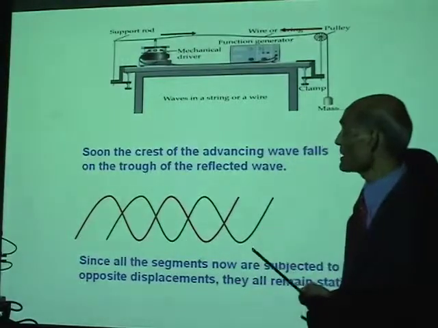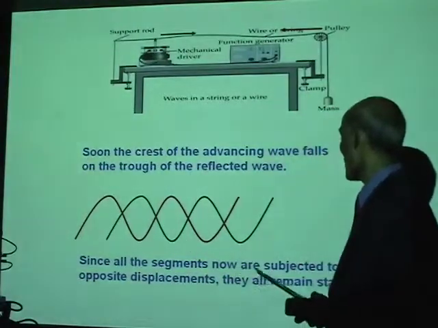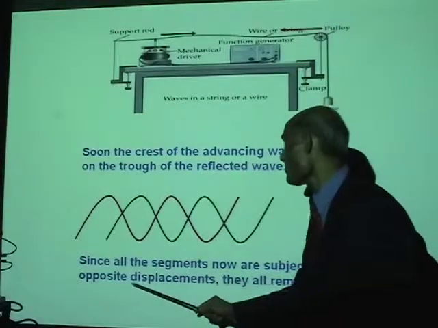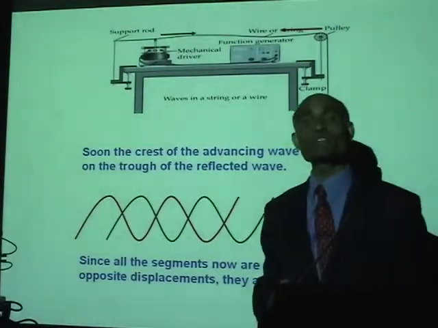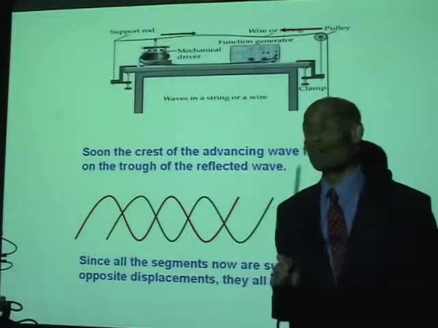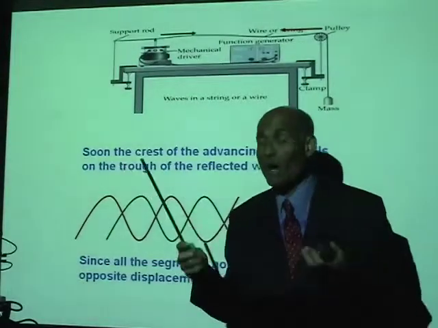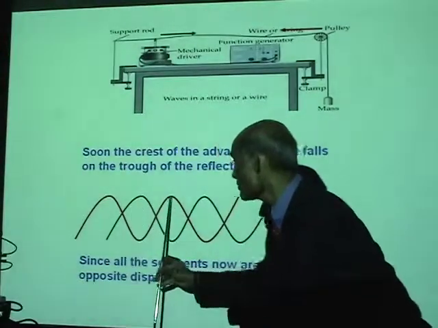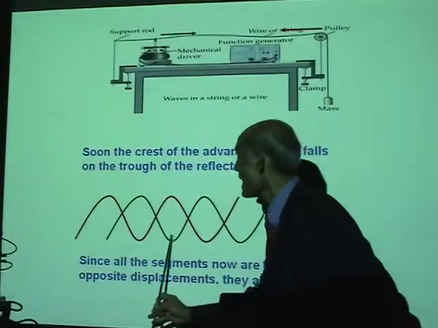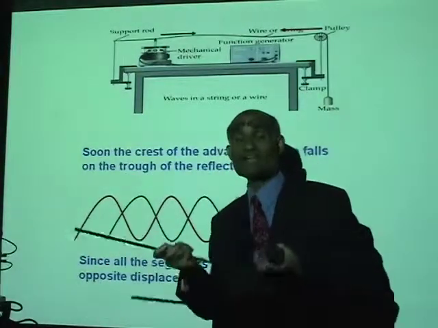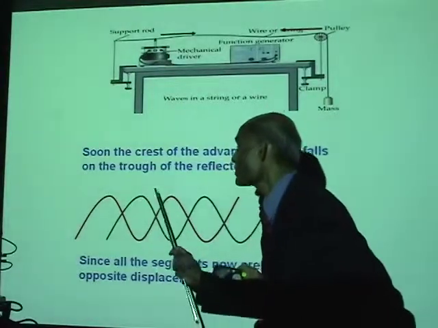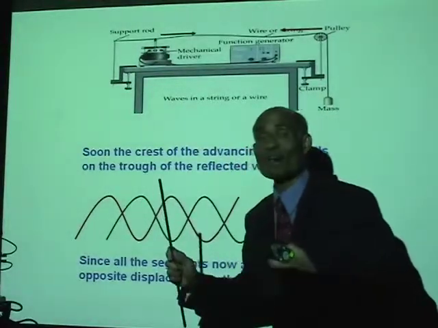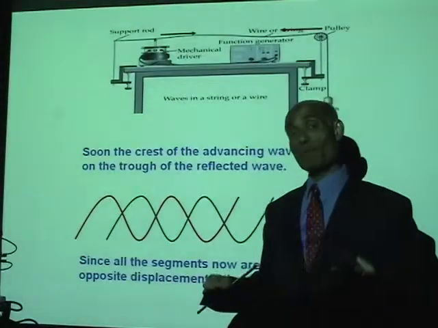Now, at that instant, all the segments are subjected to opposite displacement and they all remain stationary. Now, this again is momentary. Why? Because the green wave is advancing to the right and the red wave is advancing to the left. Now, that means a little while later, the crest of one will fall on the trough of the other. So, what happens?